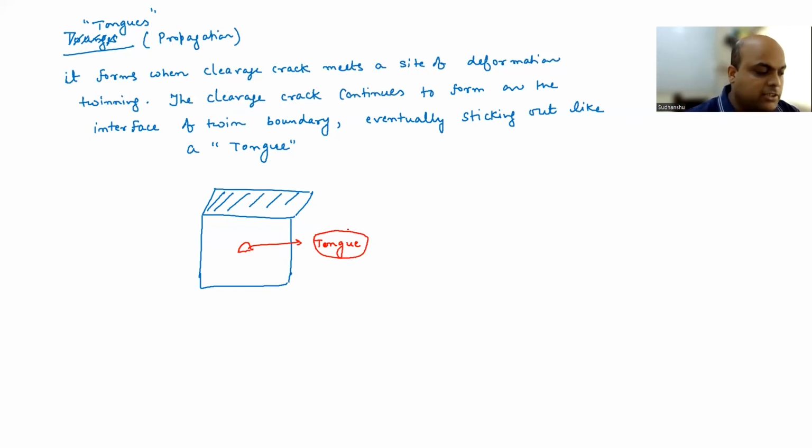Now let's talk about the remaining two microscopic features, which are chevron and radial mark.